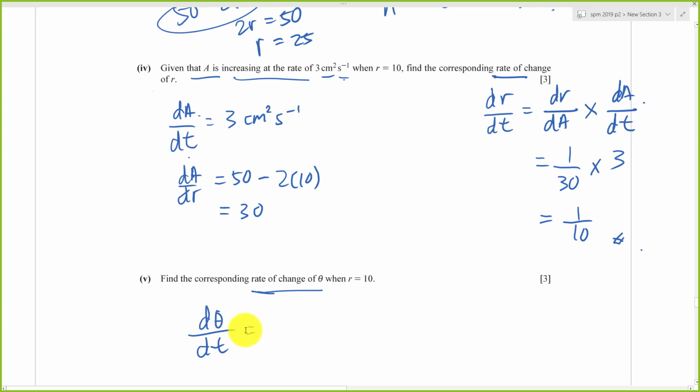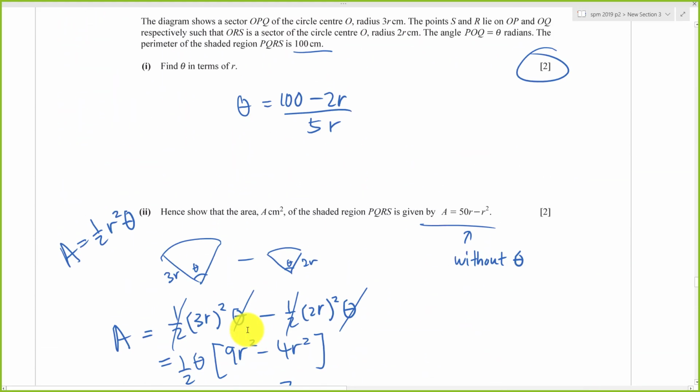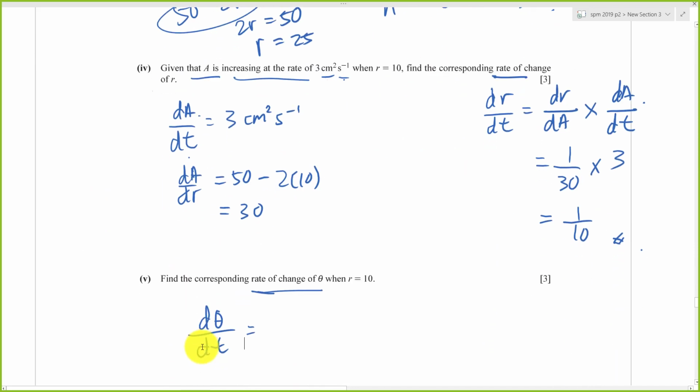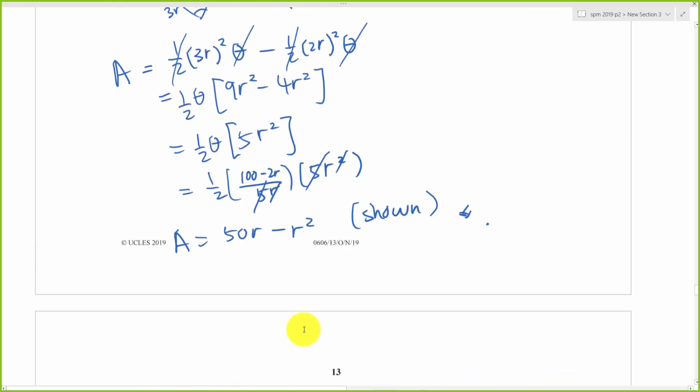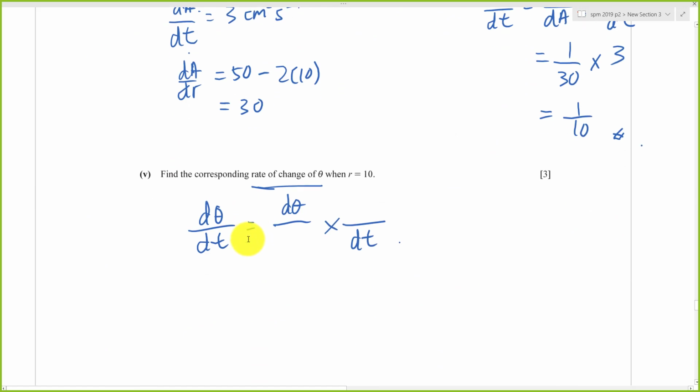We have an equation about theta just now, but it's in terms of r, not in terms of t. So we need another chain rule. This is d theta, this is dt, and then I need to use back the r, because in the equation above you see this equation is theta in terms of r, right? So I will just do dr.